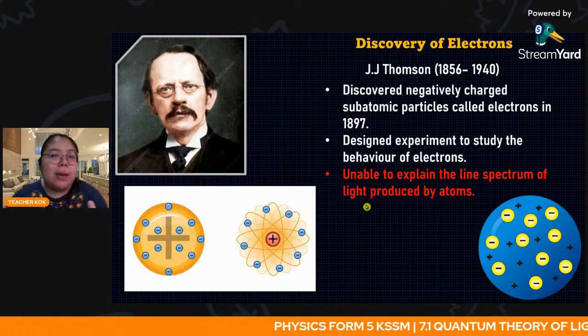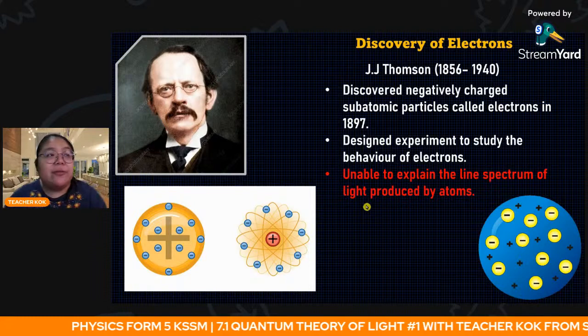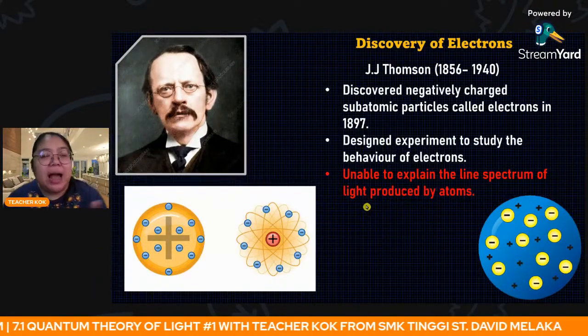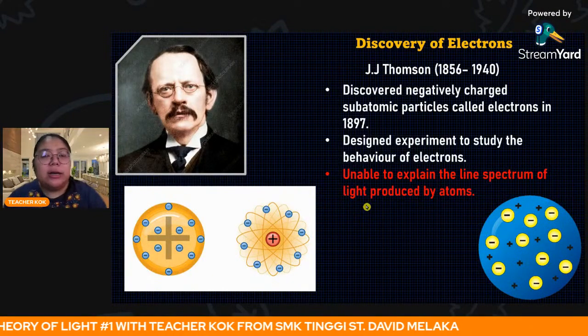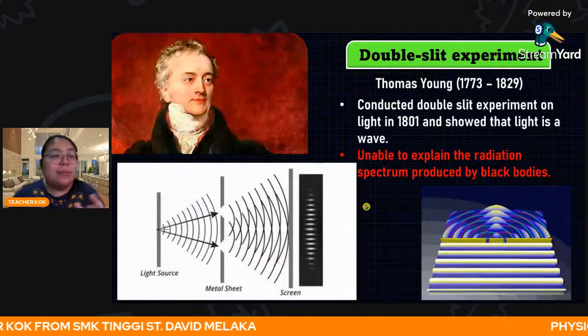So what you need to remember: Isaac Newton found the particle, but you need to find out what they were unsuccessful to prove. Number two, we recall back, is the double slit.